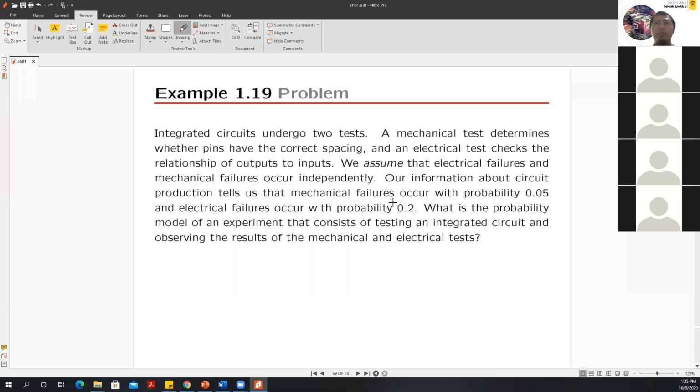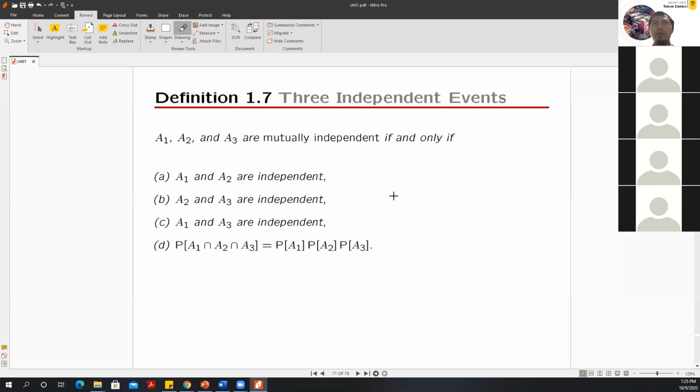Okay, this is a problem. Maybe you can exercise by yourself, and then we move forward to the definition. If we have three independent events, we can say that all of them are mutually independent if A1 and A2 are independent, A2 and A3 are independent, and A1 and A3 are independent.